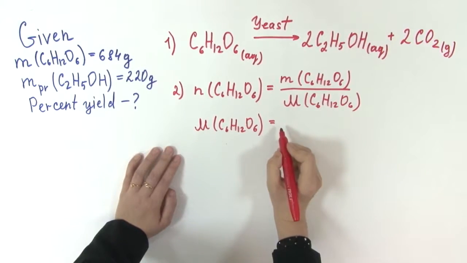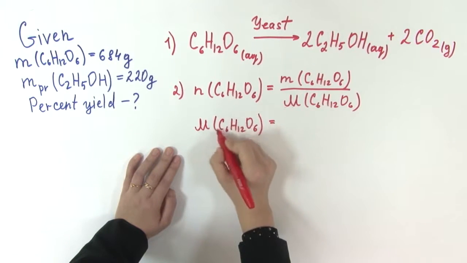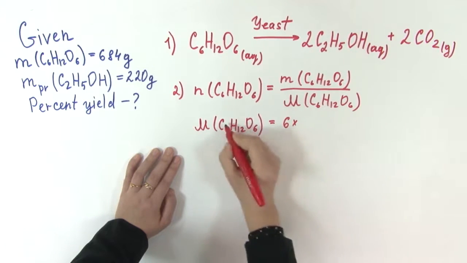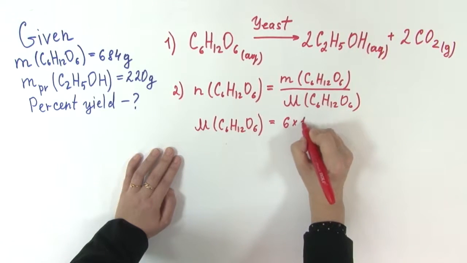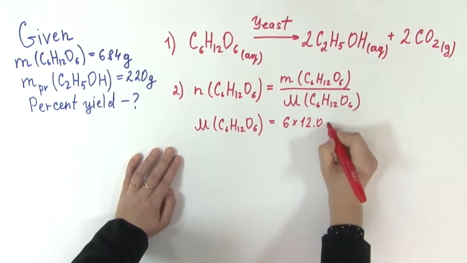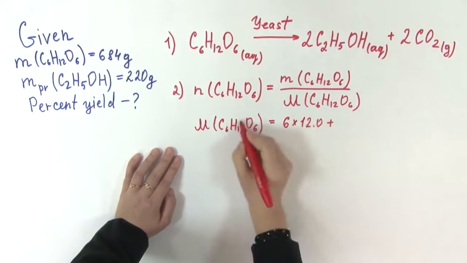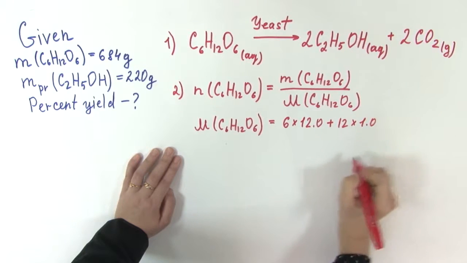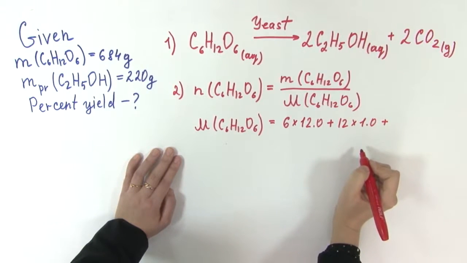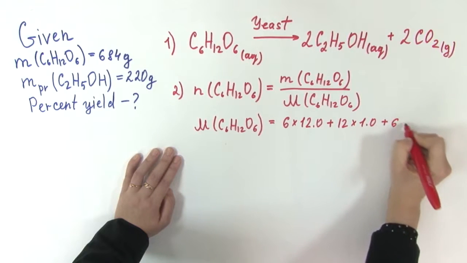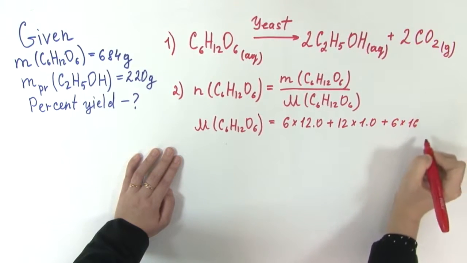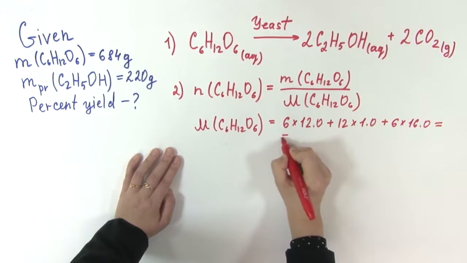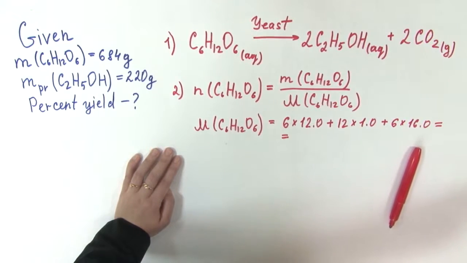is equal to the number of carbon atoms in this molecule, 6 carbon atoms, multiplied by the atomic mass of carbon, which is 12, plus the 12 atoms of hydrogen multiplied by the atomic mass of hydrogen, and plus 6 atoms of oxygen multiplied by the atomic mass of oxygen. Let's calculate.